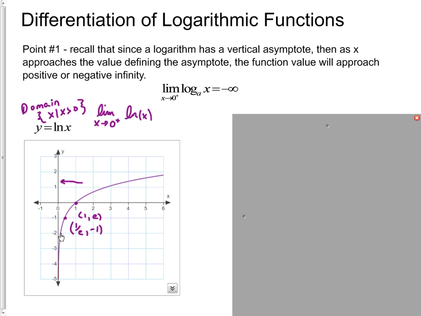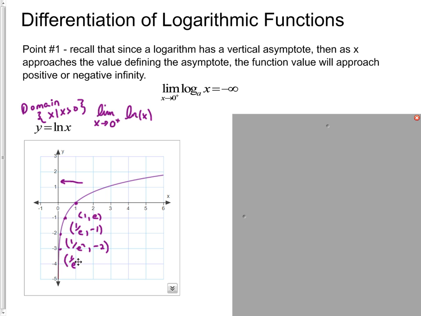We could take 1 over e squared. E squared is about 7.4, so it's going to be close to 1/9 (roughly), and we get negative 2.